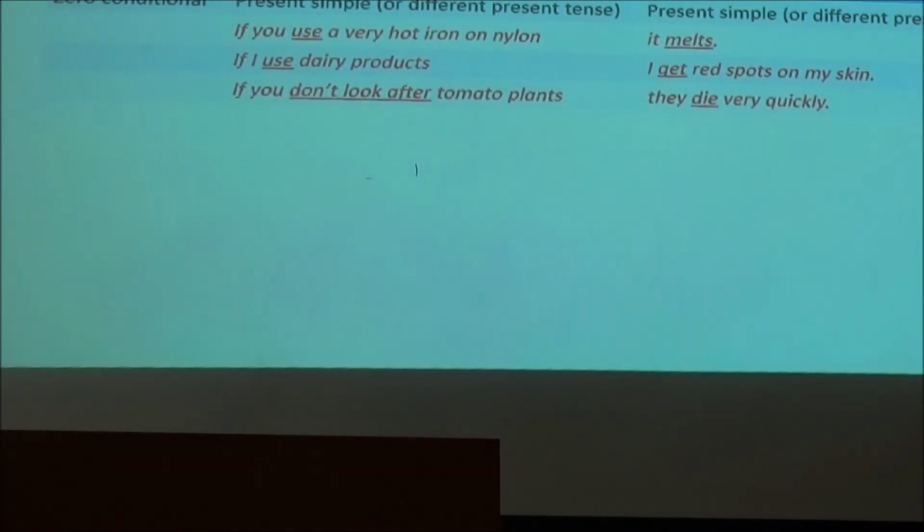And the third one: if you don't look after tomato plants, they die very quickly. This is a known fact. We all know this. You have to look after tomato plants, otherwise they die very quickly. Apart from the tomato plants in my garden. So this is not a scientific fact, but it is something that's always true, generally.